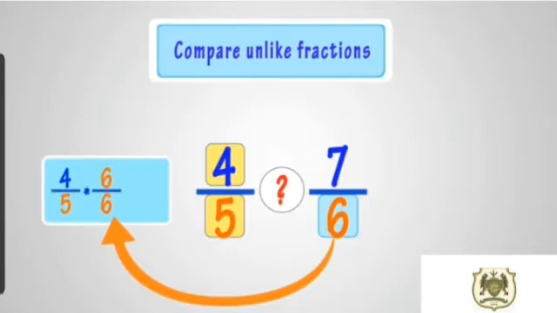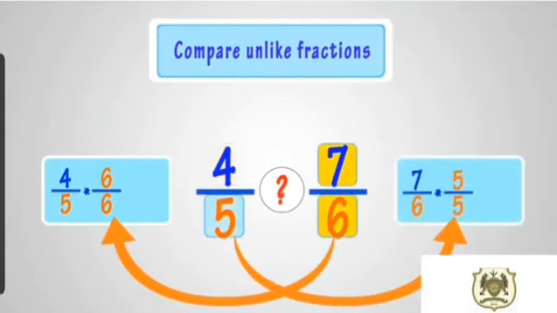So I am going to multiply it by 6, that means the denominator of the second fraction, in the numerator as well as in the denominator. And 4 upon 5, that means 5 is the denominator. That denominator I am going to multiply by 7 in the numerator and 6 in the denominator.